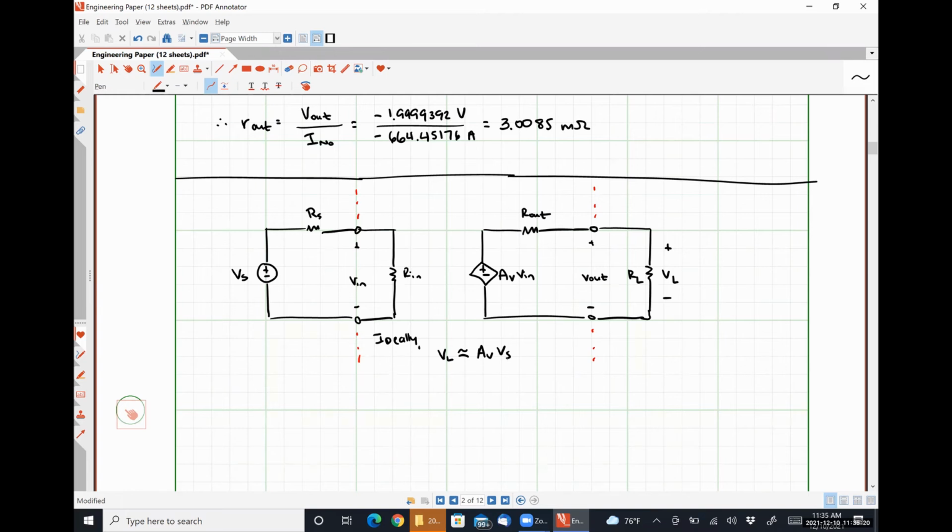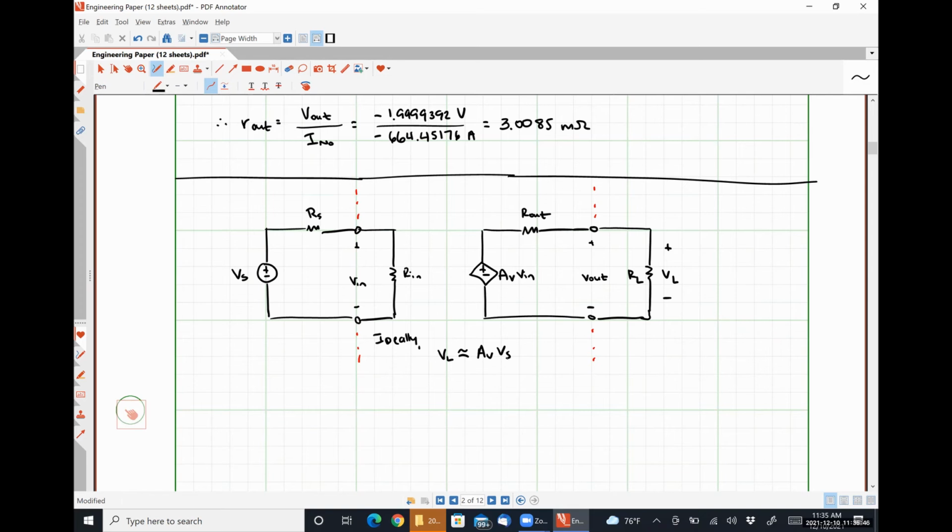All right, so let's look at the left-hand side first. What value for Rn will make Vn exactly equal to Vs? Infinity. If Rn is an open circuit, that means no current is flowing in this loop.